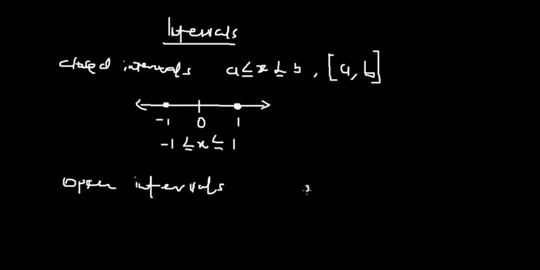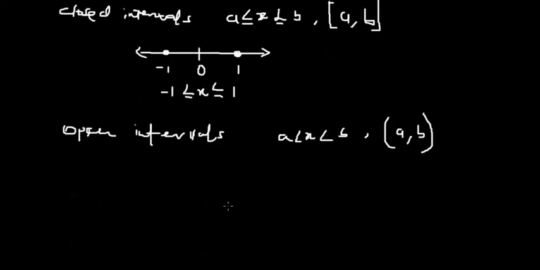We have the x value being less than B and greater than A. This is how we write open intervals, and this is how we represent them. Look at how we initially illustrated this with a square bracket, but this is how we represent an open interval: A comma B, and then we close with a round bracket.